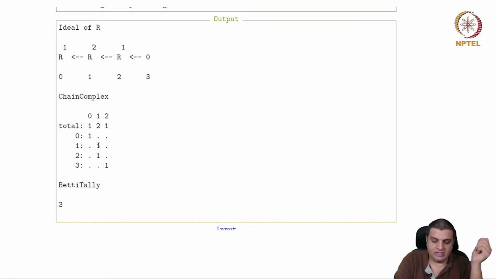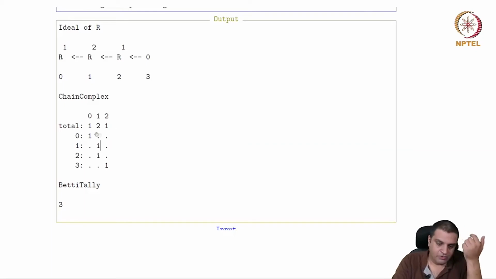That corresponds to x squared and y cubed. Then there is a relation in degree 5, which is y cubed times the basis element here minus x squared times the basis element there.